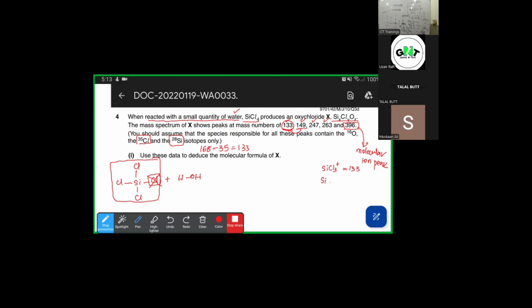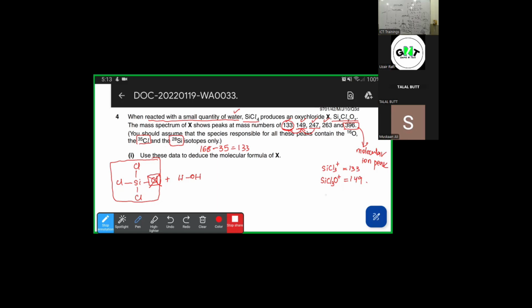So 16 would mean oxygen is added. SiCl3O positive, that is 149. Now if you subtract 149 from 247, that would be 98. The 98 means one silicon atom and two chlorine atoms, because 35 and 35 is 70, and one silicon atom would be 28.